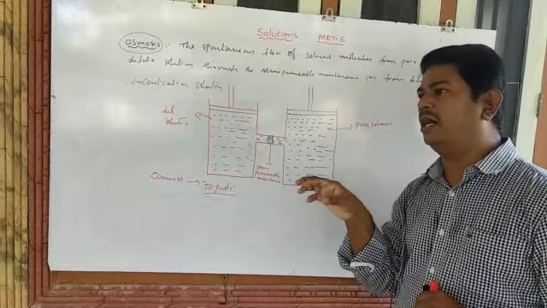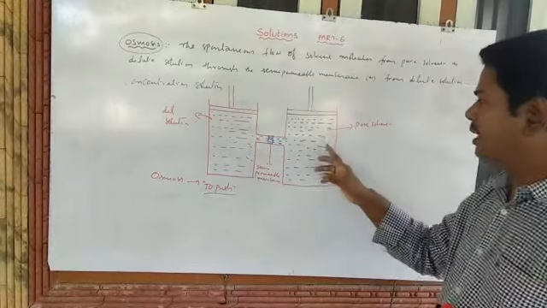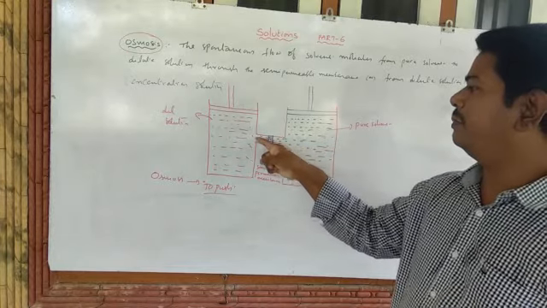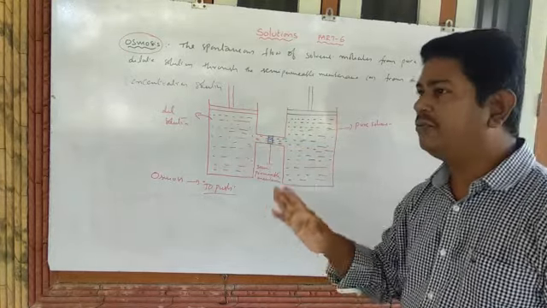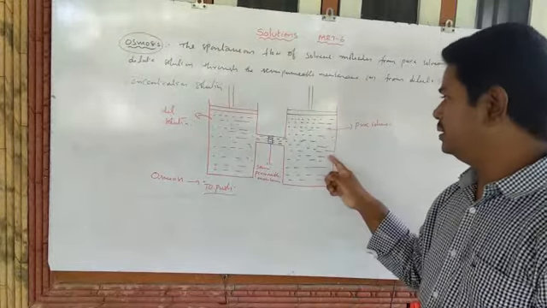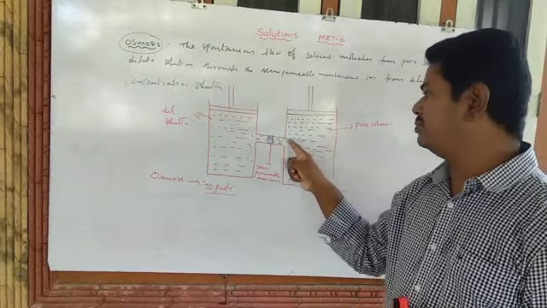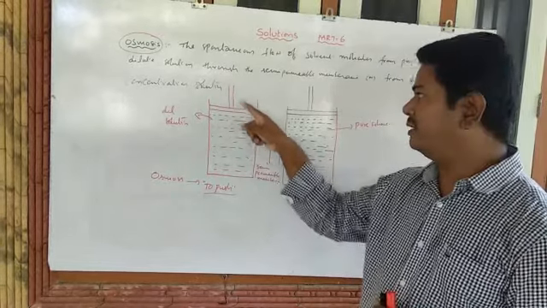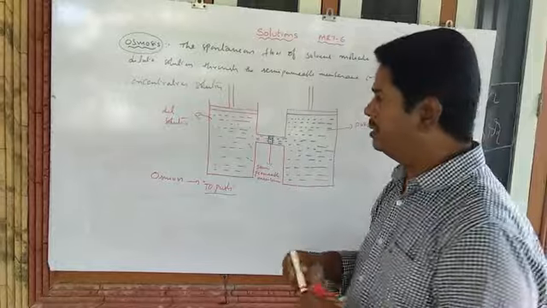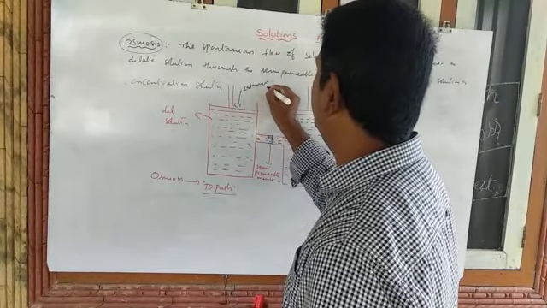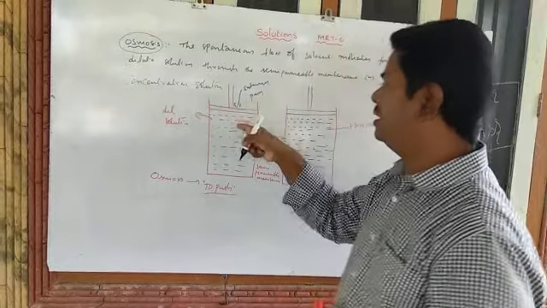Now what about osmotic pressure? The solvent molecules pass through the permeable membrane into the solution. If you want to stop the process of osmosis, that means the flow of solvent molecules into the solution, it will be stopped when you apply some external pressure on the solution.